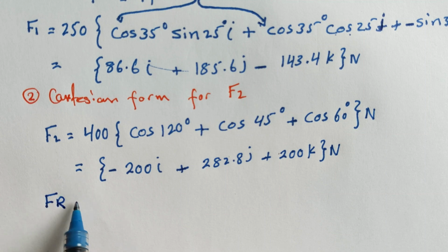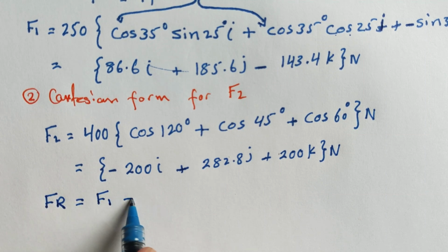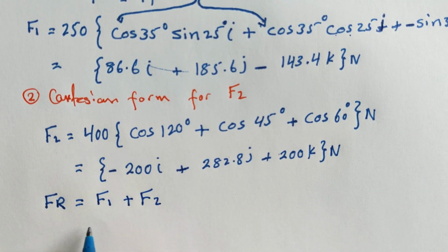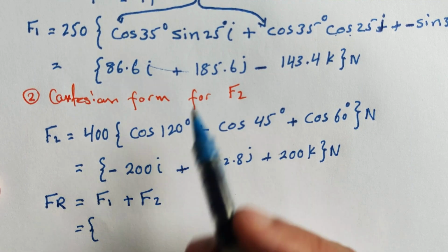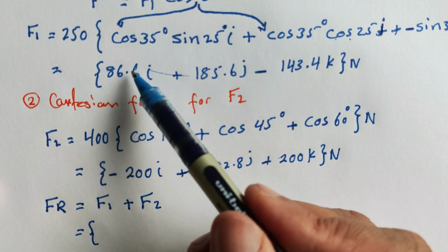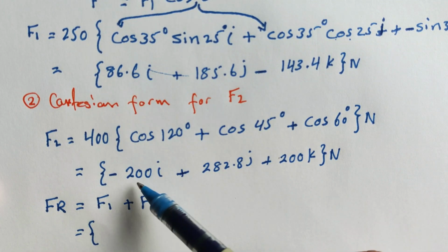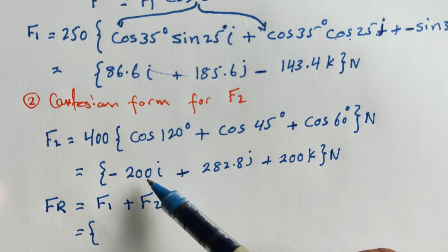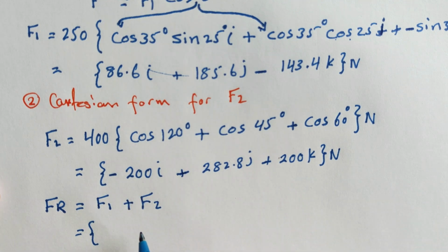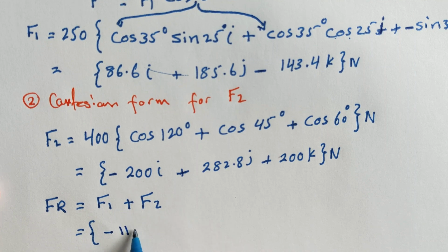the resultant force, is equal to F1 plus F2, and this will equal, open your curly brackets, F1, take the i component of each force in there, 86.6 minus 200 i, and that will result in negative 113 i.